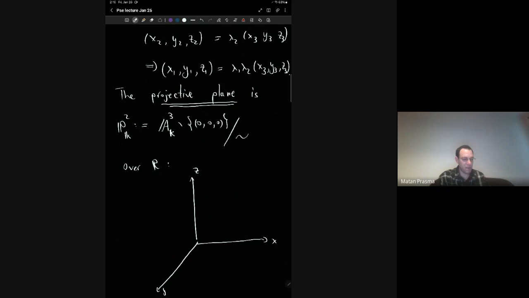And we say that two points, let's say P1 and P2, are equivalent if they belong to the same line that passes through the origin.